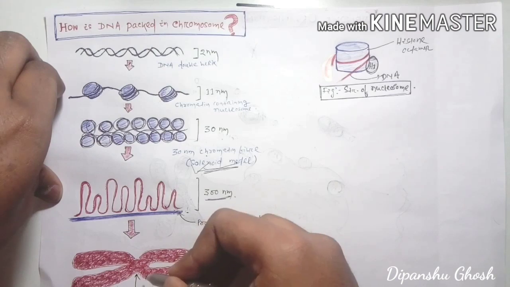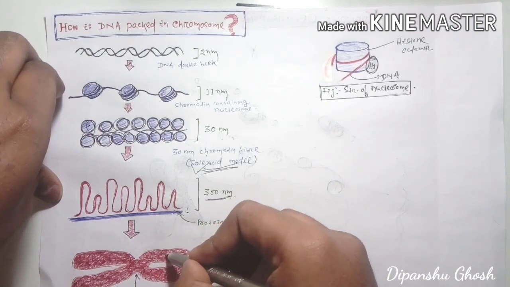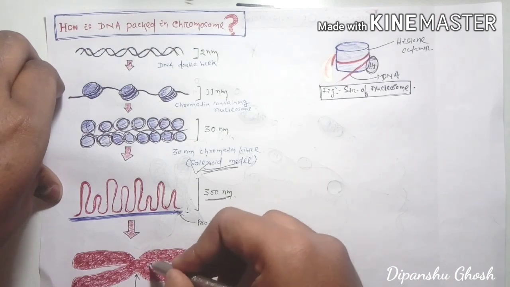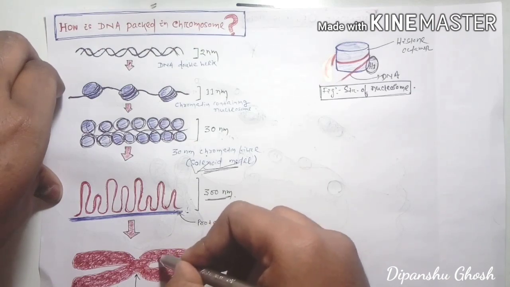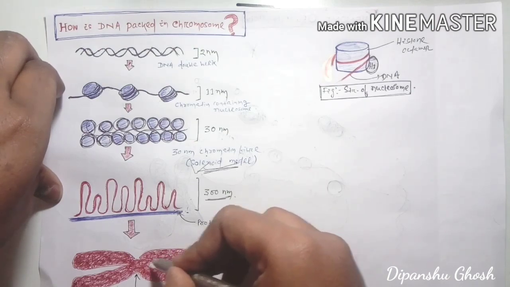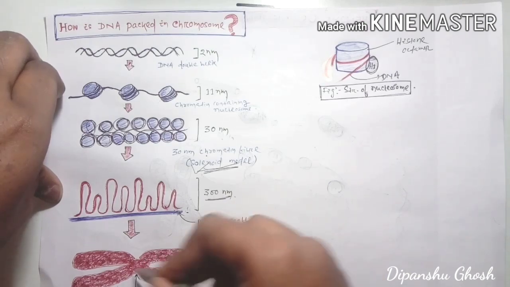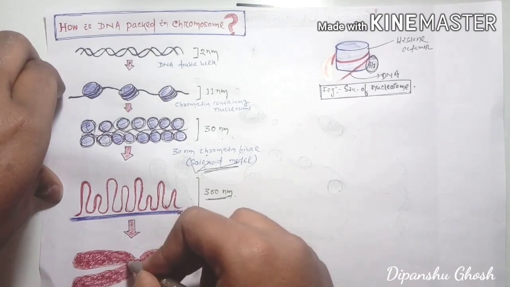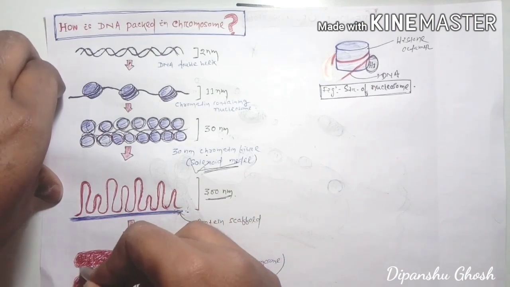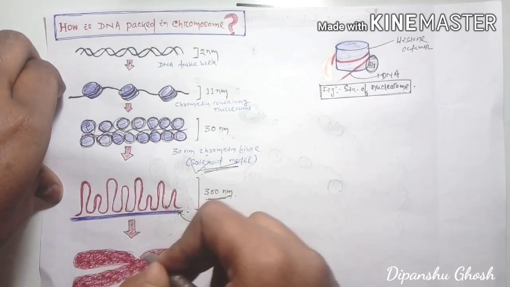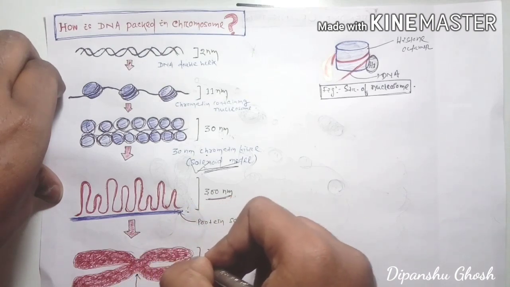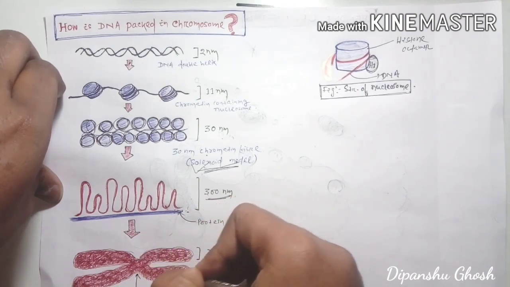This is your metaphase chromosome, and it does not seem very clear, but you can see by zooming in on this picture that there is some coiling-like structure, right? If you draw the border like this, you can see this is your metaphase chromosome.